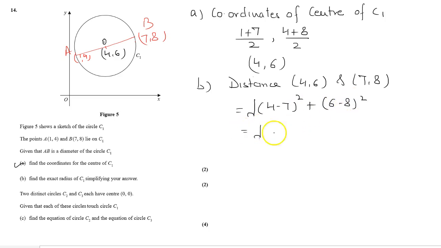So that is root of 4 minus 7 is 3 square is 9 plus 6 minus 8 is 2 square is 4. So that is the radius: center is (4, 6) and radius is root 13.